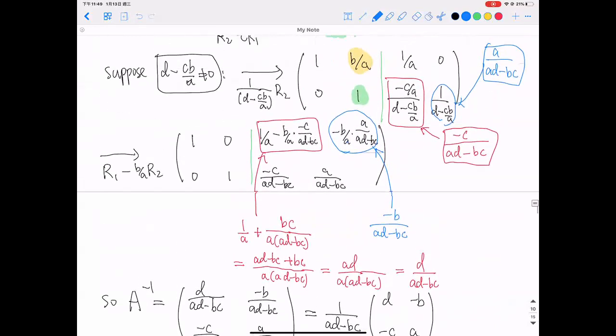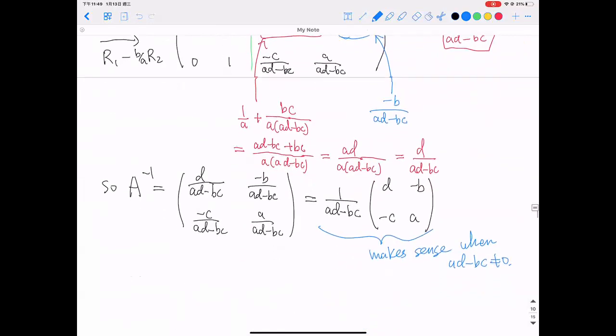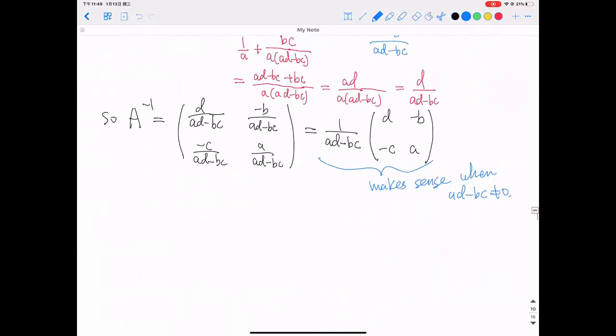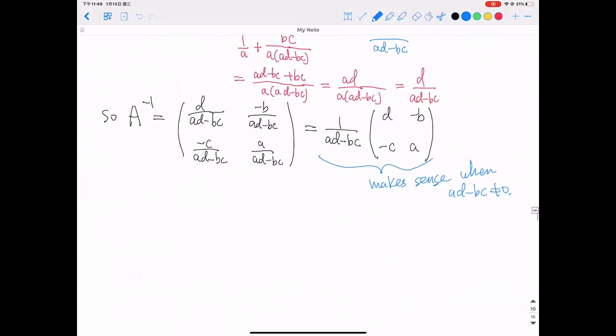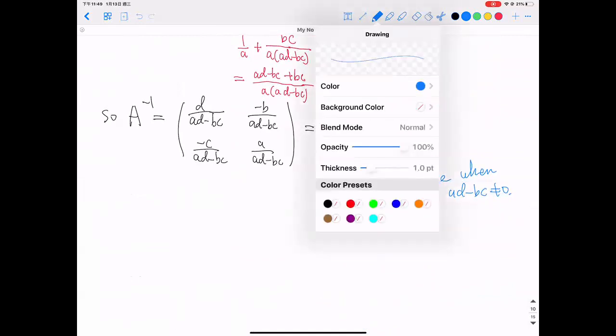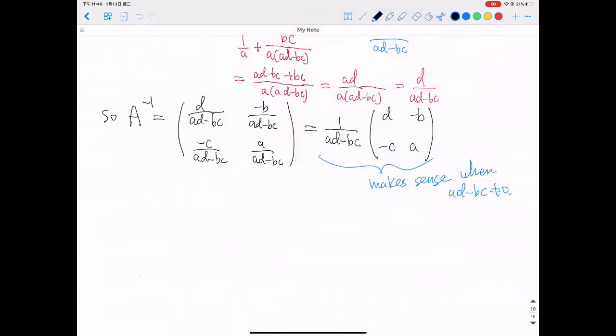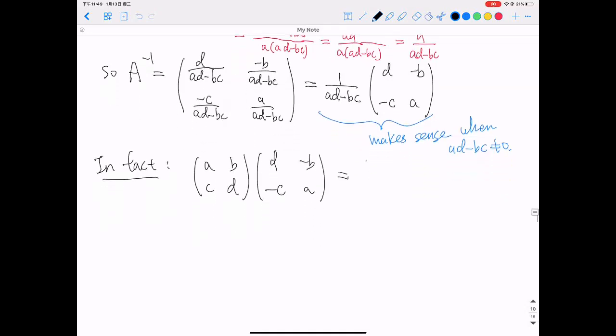Okay, so our conclusion is this. In fact, you can check the following. If you form the product of A, B, C, D with D, minus B, minus C, A, it's AD minus BC here, 0 here, 0 here, AD minus BC.